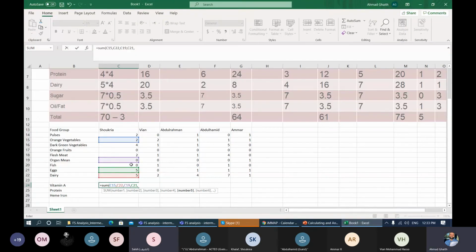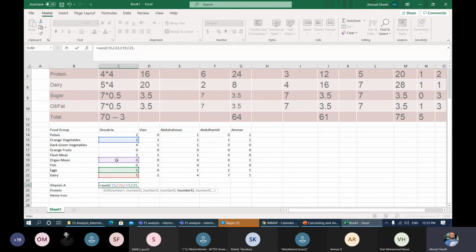Yeah, so flesh meat for vitamin A will not count, because vitamin A is not available just in the flesh meat. You would have to eat the organ meat to get the vitamin A that is available from animal protein.